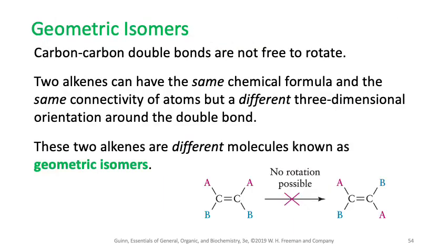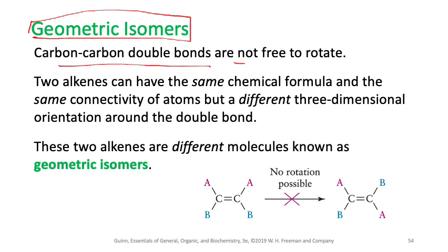So now we're going to talk about a special kind of isomer that is present in alkenes called geometric isomer. And why do alkenes show this kind of isomer? Because carbon-carbon double bonds are not free to rotate like we have in a carbon-carbon single bond. If you remember, which kind of isomer can we form if we can rotate a single bond in an alkane? Conformational isomer.